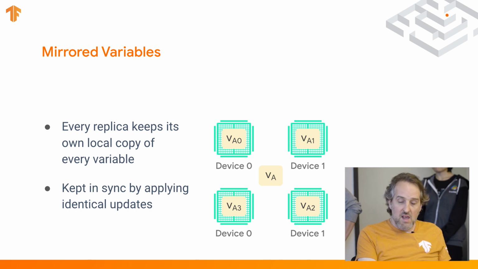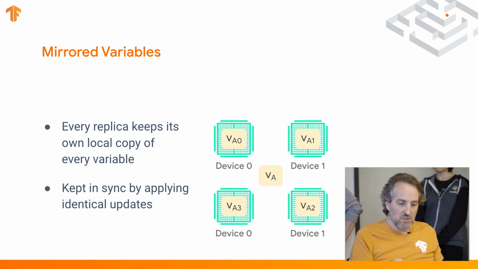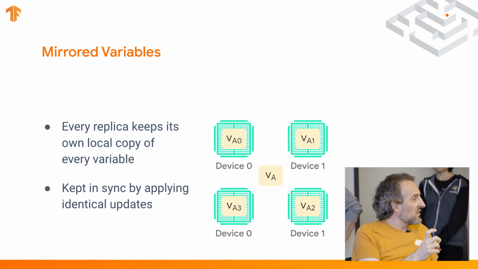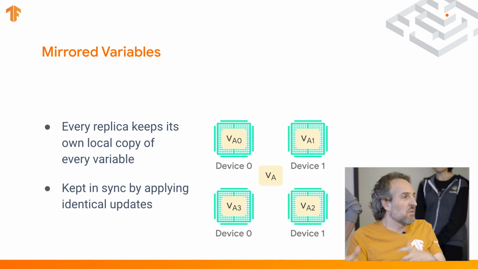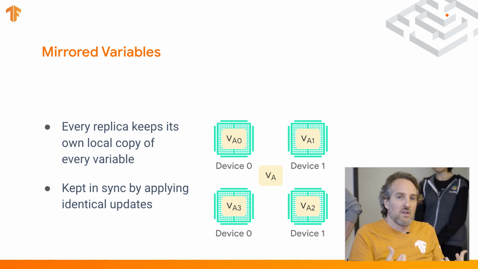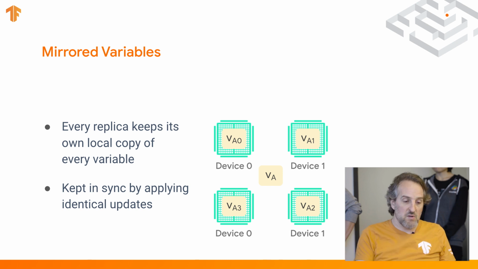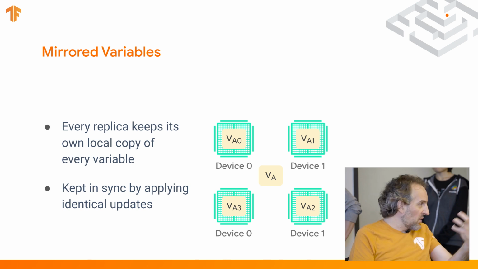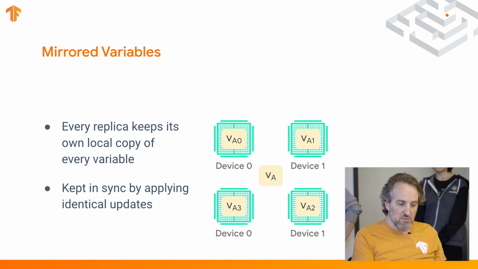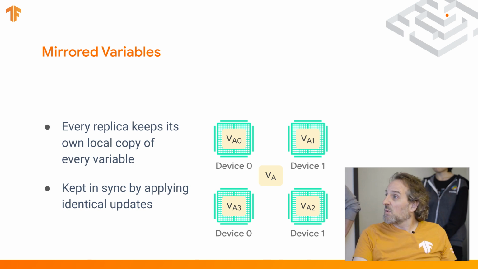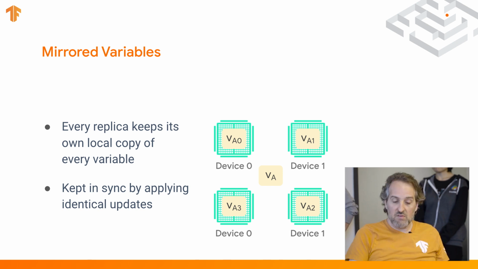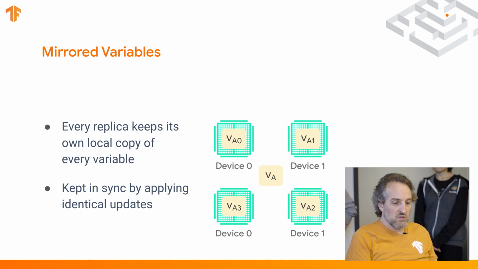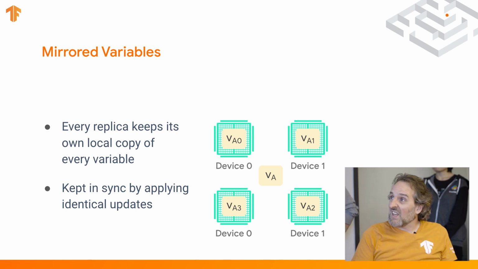Together, these form a conceptual mirrored variable; there's actually a mirrored variable object that we return to the user instead of these component variables, to store as their model member variables. And then we keep these in sync by applying identical updates. This is where we need some way of communicating between the different devices in order to make sure those updates are all the same.